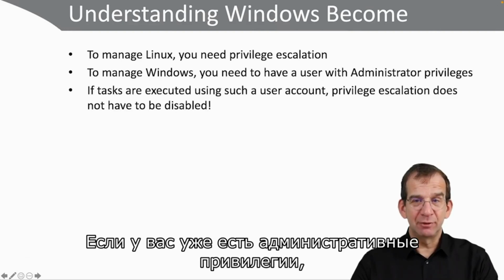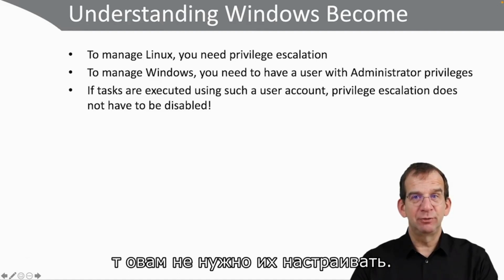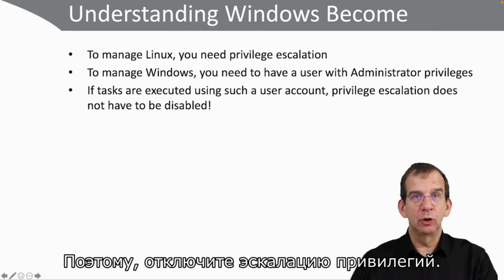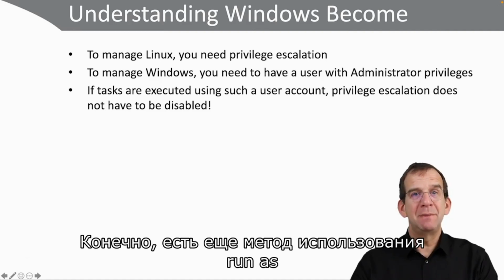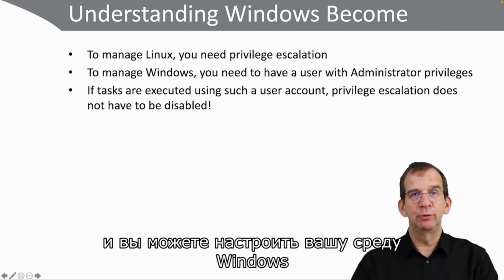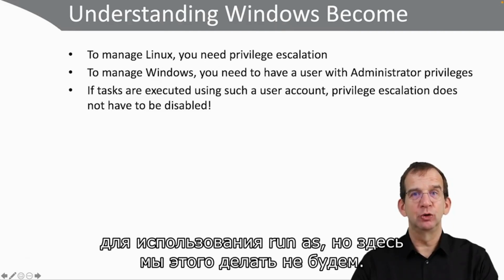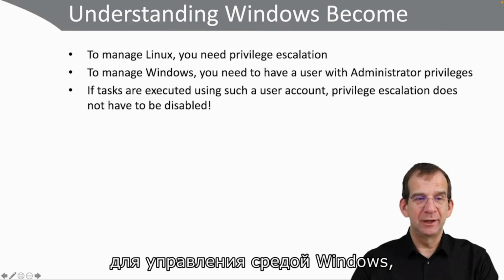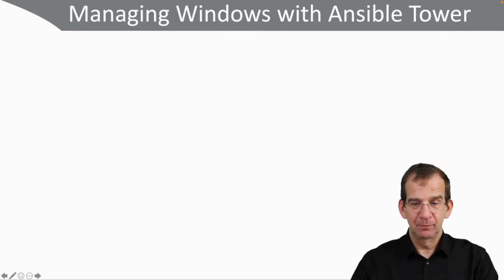And if you already have administrator privileges, you do not need to specify privilege escalation. So make sure that you turn off privilege escalation. Of course, there is the become method runas, and you can configure your Windows environment to use runas, but that's not what we are going to do here. We are going to use the administrator account to manage the Windows environment.